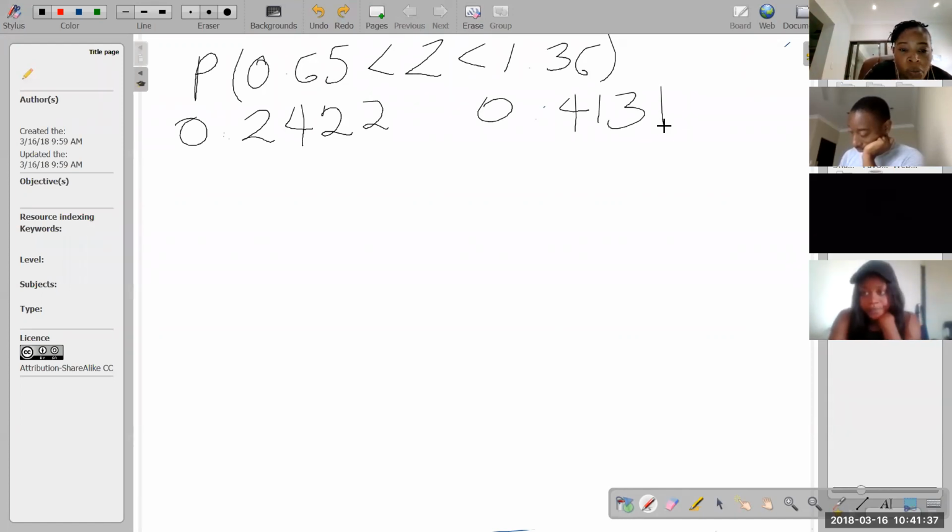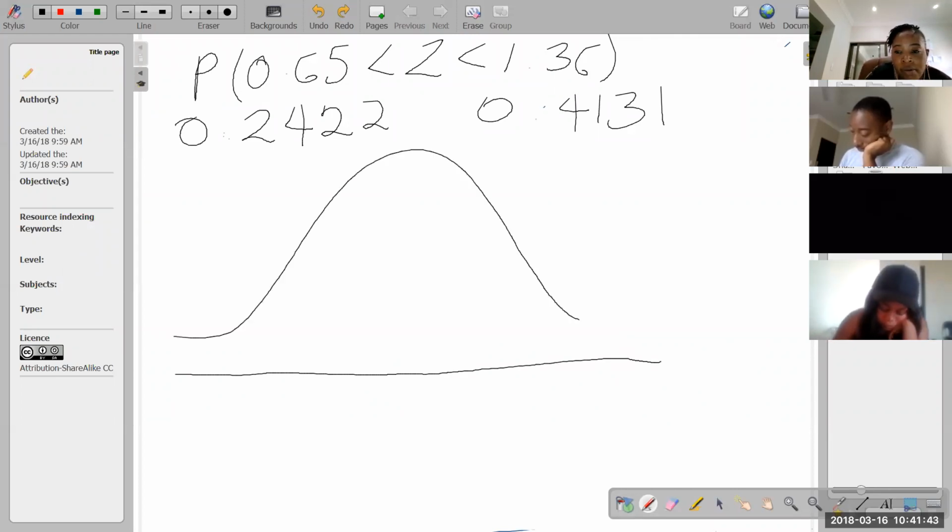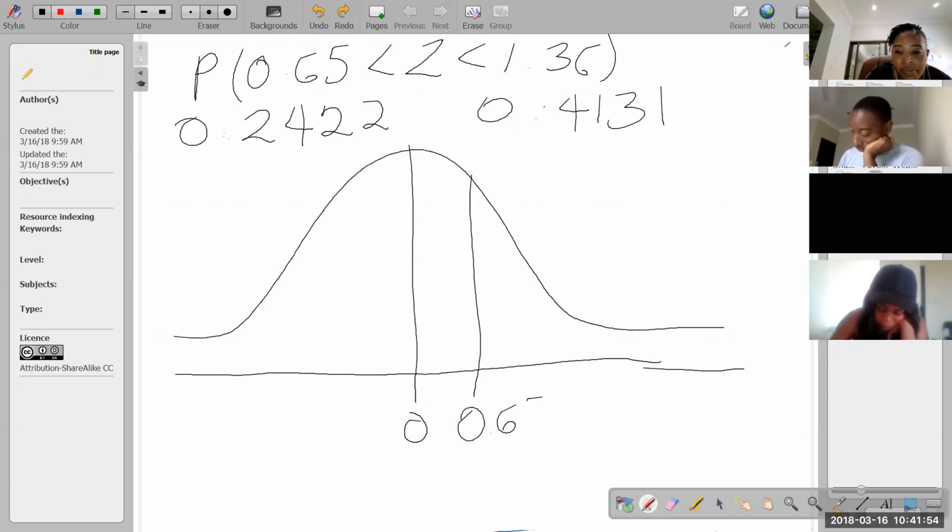Let's draw to see what is happening. It's always good to draw. This is 0 at the middle. This is 0.65. This is 1.36. So what we need is just this area.